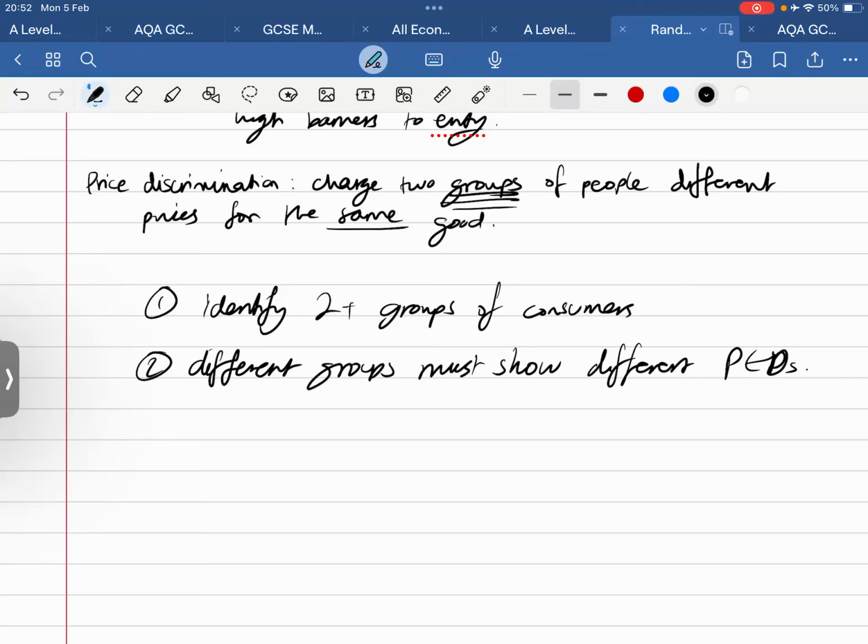So for example, if cinema tickets went up to 20 quid, some people would still buy them. If cinema tickets went up to 20 quid for students, students probably would not buy it. The students are elastic, other people are a bit less elastic.